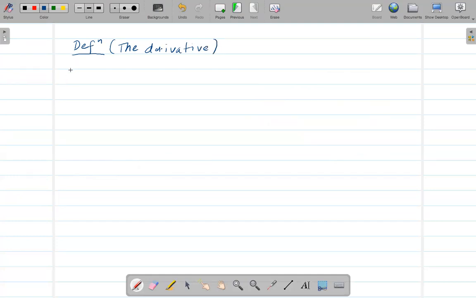Now, let's say we have y equals f of x, a function, then we can say the derivative of this function f at x.